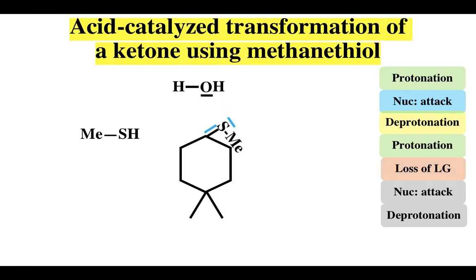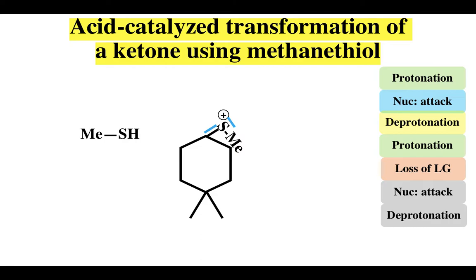So water exits the substrate with its electrons, and then one of the lone pairs of the sulfur atom, I hope you all saw, will be used to fill that bond that water takes with it. And we learned in the previous video that in order to promote the equilibrium to favor the acetal, we need to remove water from the solution. So we need to distill it out of the solution, and now we just have this activated thioether group.